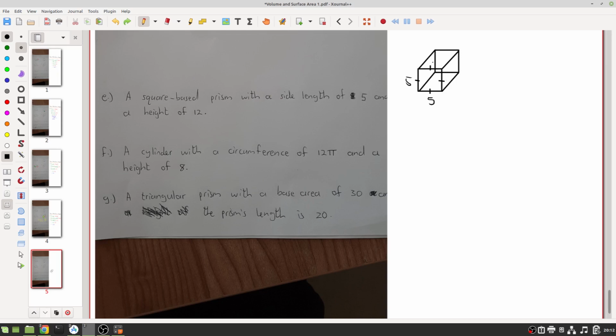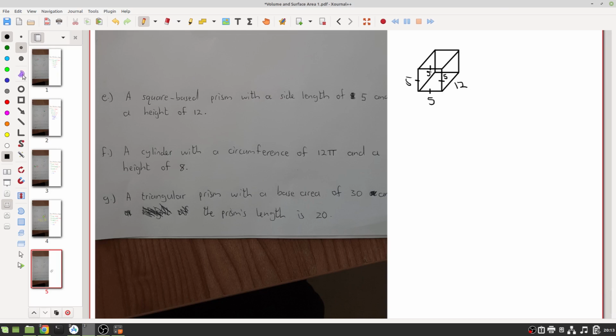That's the side length of our square. Let me put it inside here. Okay, so that is the length of the side of our square. But the prism has a height of 12, so it's going to be this distance here. That's going to be 12.